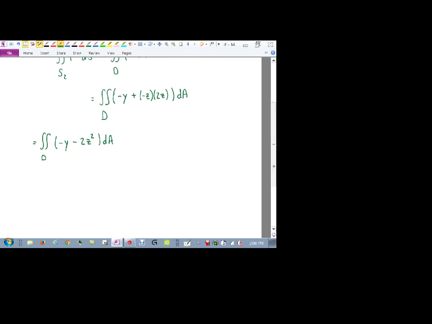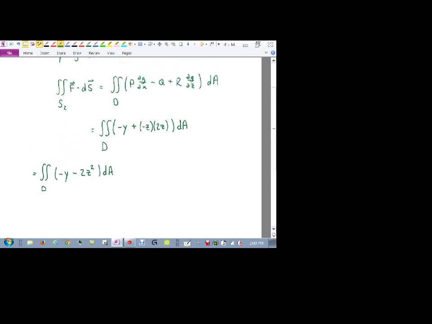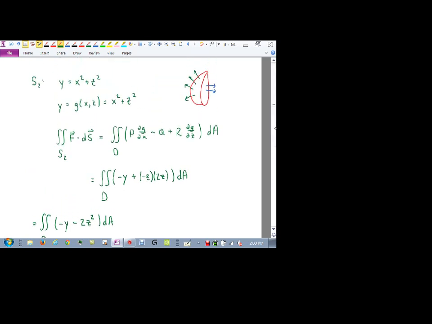Now what? You know y is 0 to 1. Now what's wrong with this right here? Or is there anything wrong with this? Yeah, we need it in terms of x and z, because like before when we had z's in the problem, we had to get rid of them.